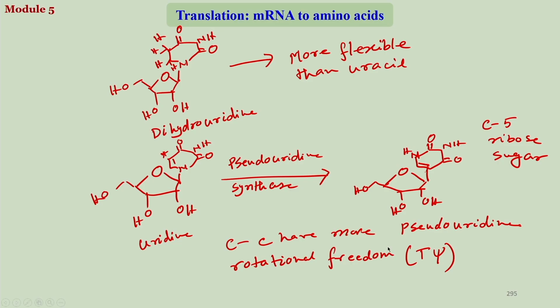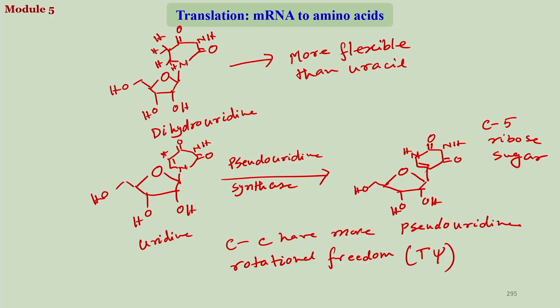Free rotation around a carbon-carbon bond is possible. This is a single bond. Here the nitrogen has lone pair of electrons. So, it is a little bit more freely available for rotations. So, it can orient its geometry a little bit better.